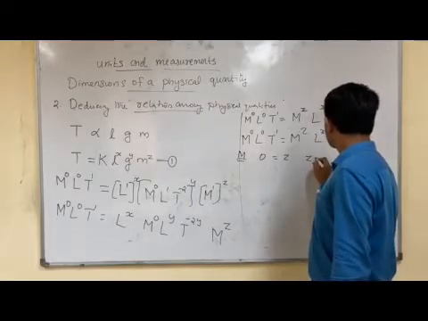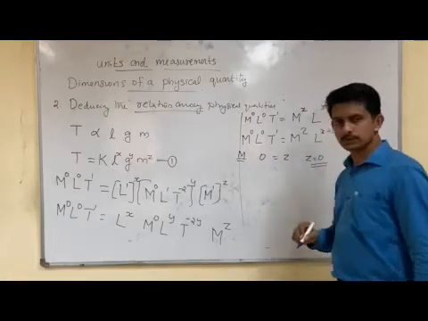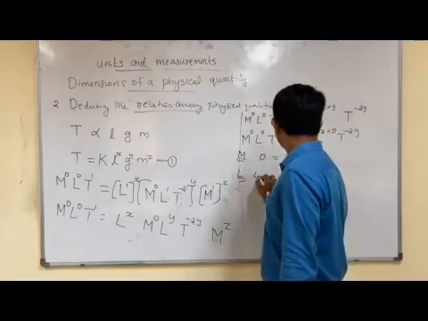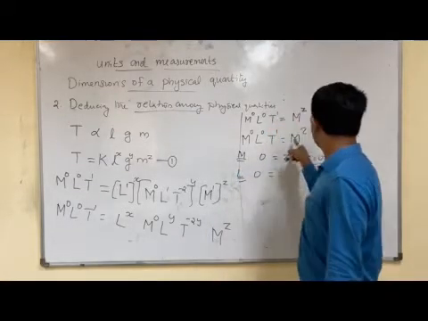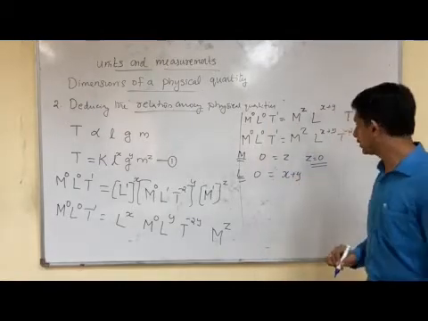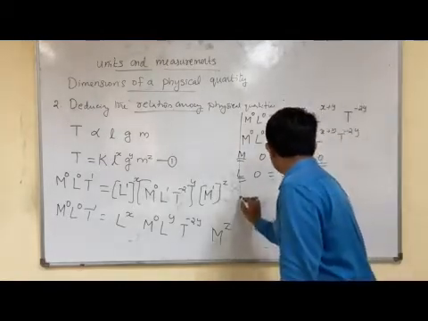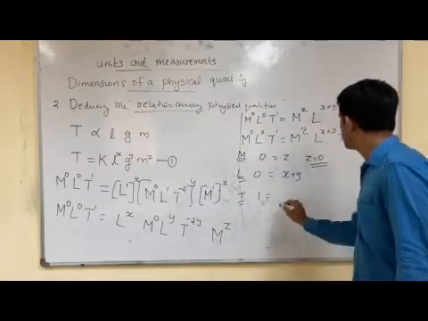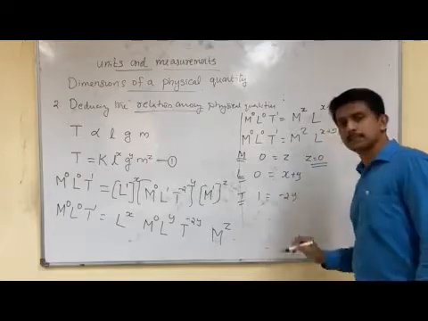So from this equation we are getting z is equal to 0. Then if you are getting the power of L, it means 0 only. So 0 is equal to x plus y. X and y we do not know, so let it be. And the third is if you are getting the power of T, it means 1 only. So 1 is equal to minus 2y.